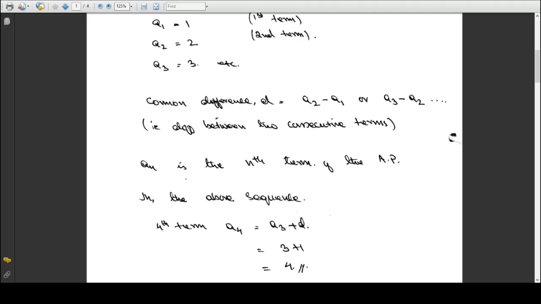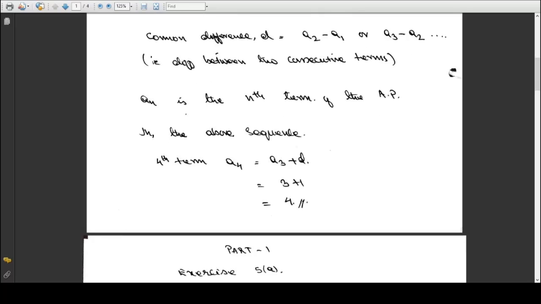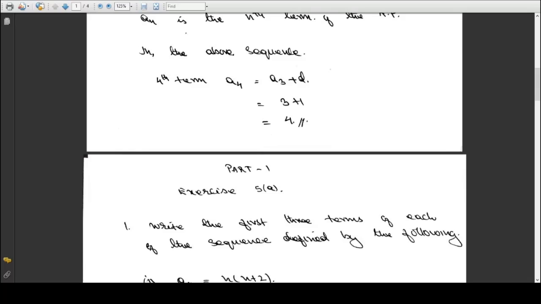And for the nth term, an is the term of the progression. Now in part 1 of exercise 5A, we'll be doing only sequences. It's not actually arithmetic progression, but any sequence of numbers.